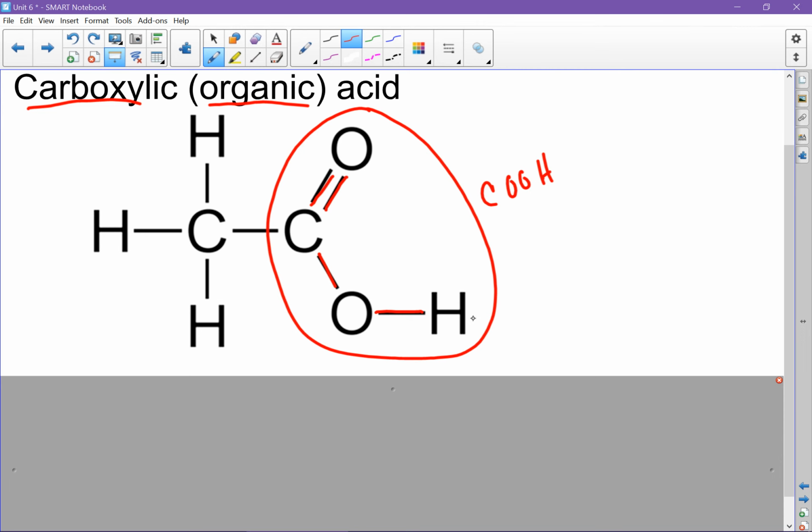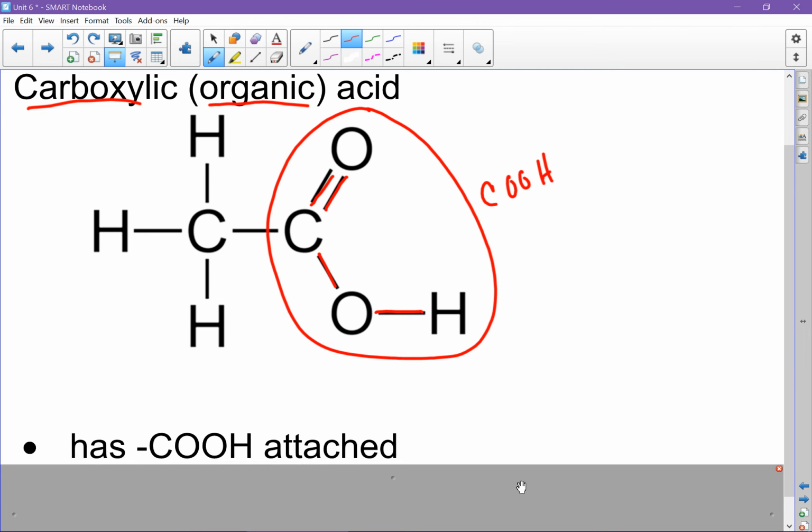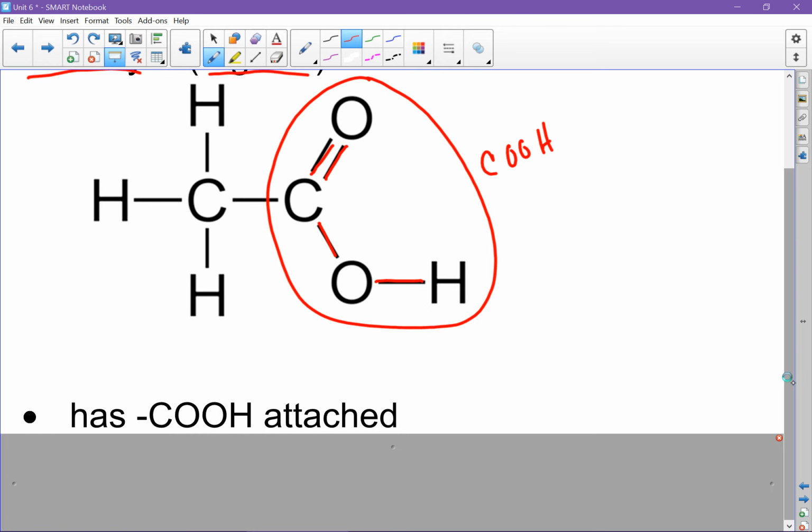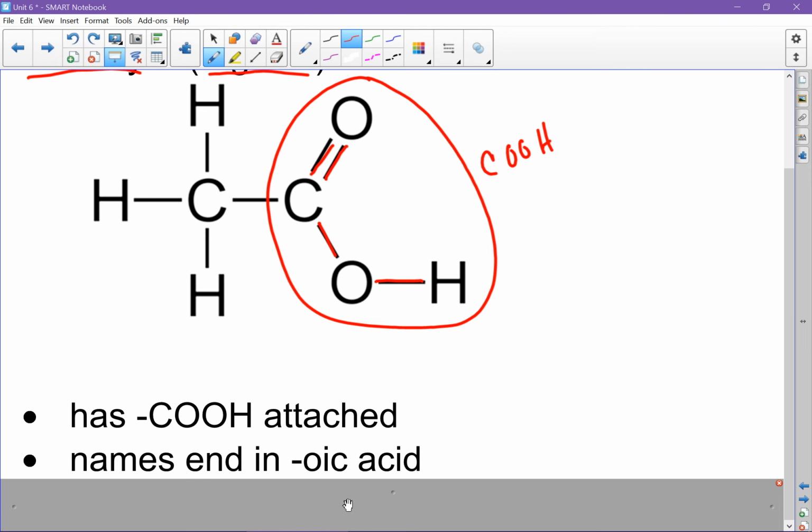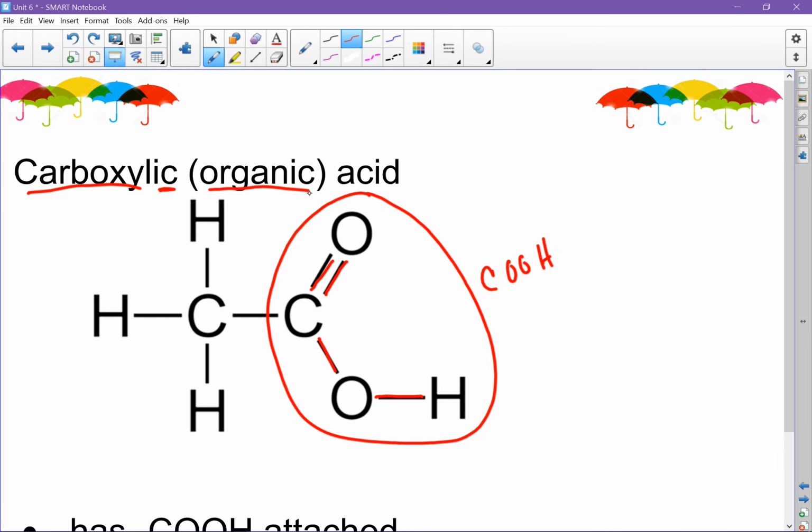But I look at the whole thing together for the COOH. So, a carboxylic or organic acid has a COOH group attached. The ending for the words there would be -oic acid. Again, that matches. Oic acid is just like carboxylic or organic acid.